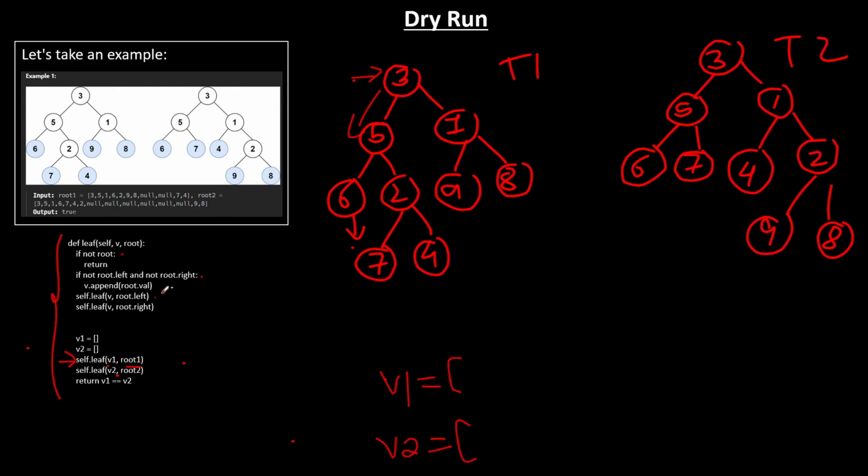No, right? Then we call the left part again. So we come here. Now we're standing here. Now we check if the root is null. No. But its left and right are null. Yes, they are. So what do we do? We append the value, and we check if root left is null. Again, it is null, right? So we return. We go back. Then, once it has returned, we are in the function call of the root right. We check here.